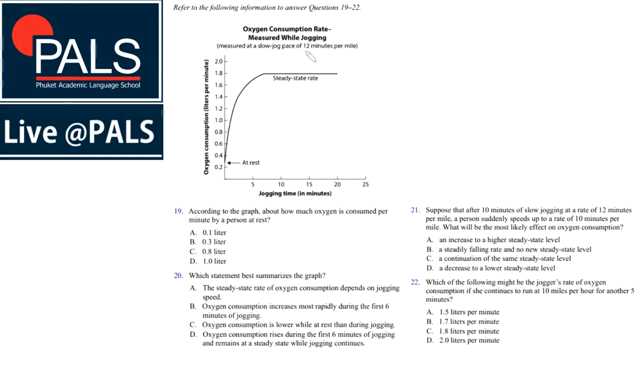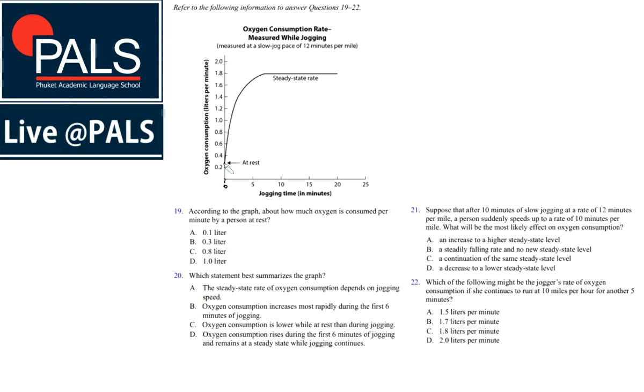So the person that is jogging takes 12 minutes to run 1 mile. And here we have the total time that the person was jogging, and on the y-axis we have the oxygen consumption in liters per minute. So at the beginning, the person is still at rest, didn't start running yet, and then probably from time 0, the person will start running.